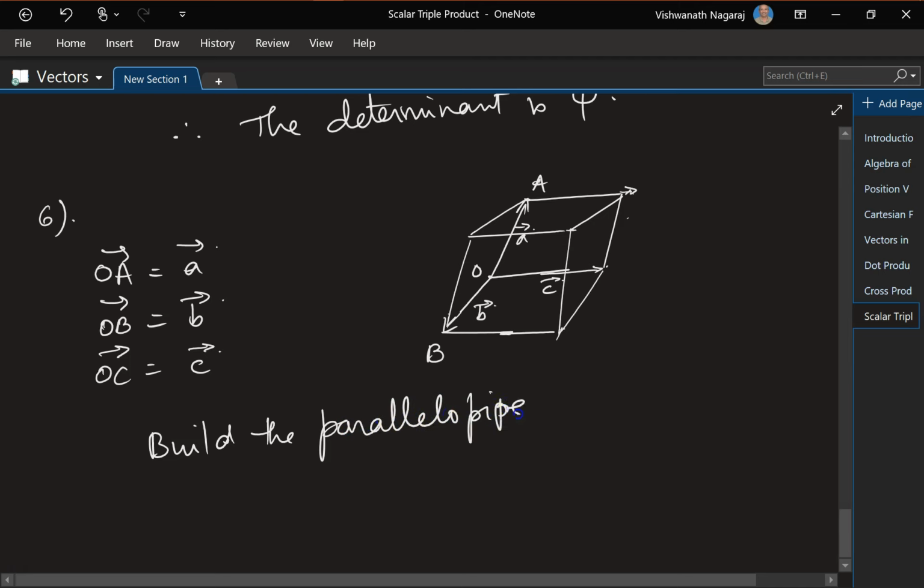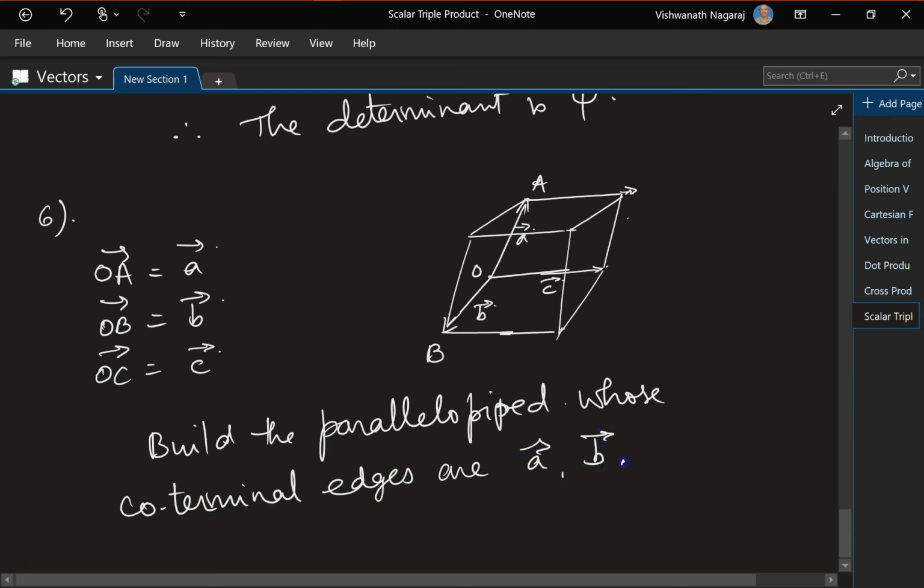This figure is called a parallelepiped, whose co-terminal edges are the vectors A, B, and C.